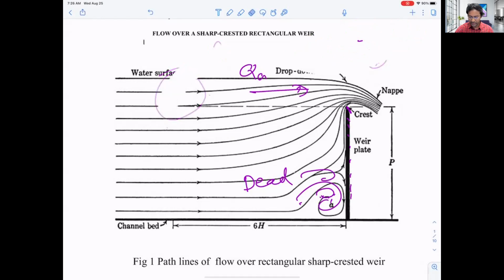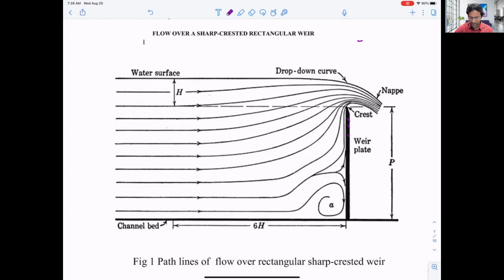So let me quickly derive that one. And the assumption for deriving this relationship between H and QA or QT, whatever it is: what is actually happening here? See, the streamlines are converging, and they are following this line and sloping here.